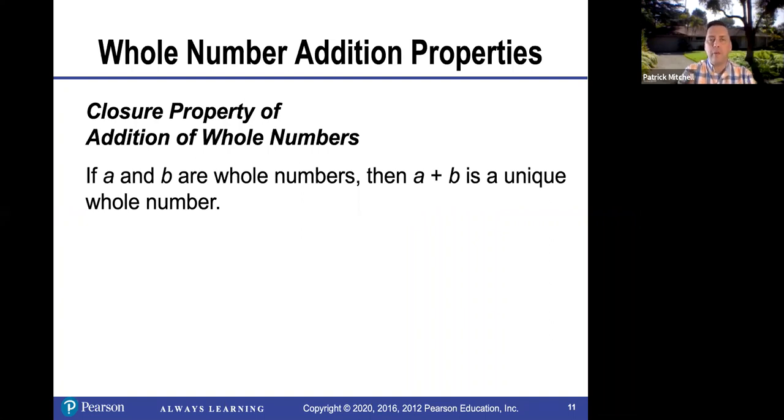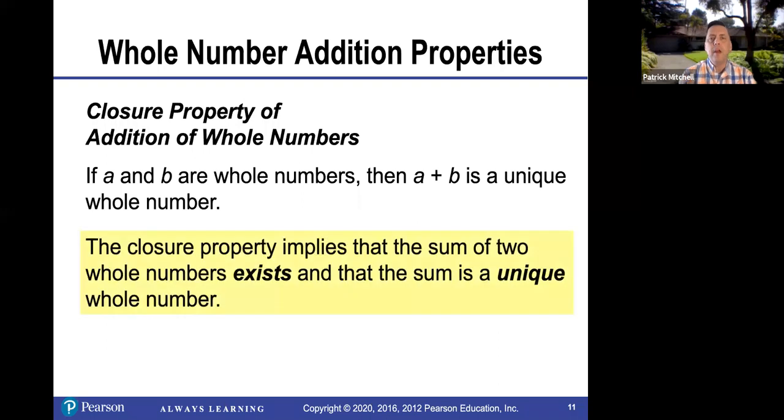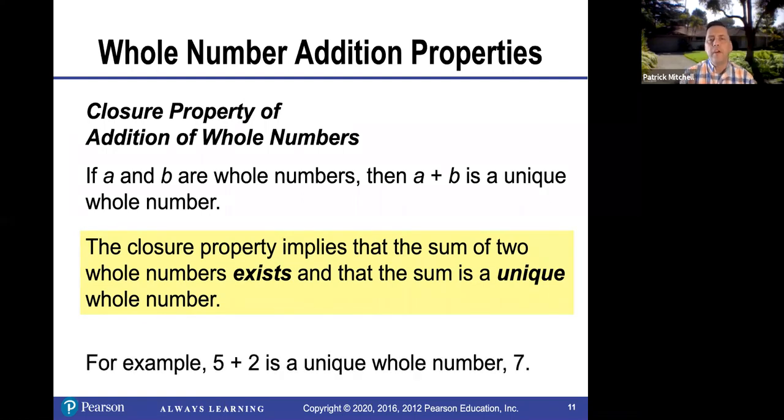You don't get two different ones. The closure property implies that the sum of two whole numbers exists as a whole number, and that the sum is a unique whole number. For example, 5 plus 2 is a unique whole number, 7.